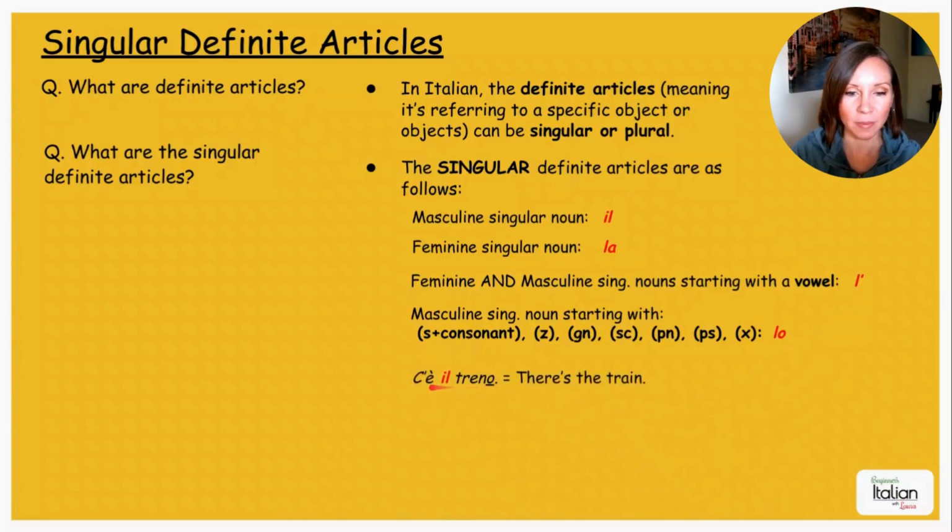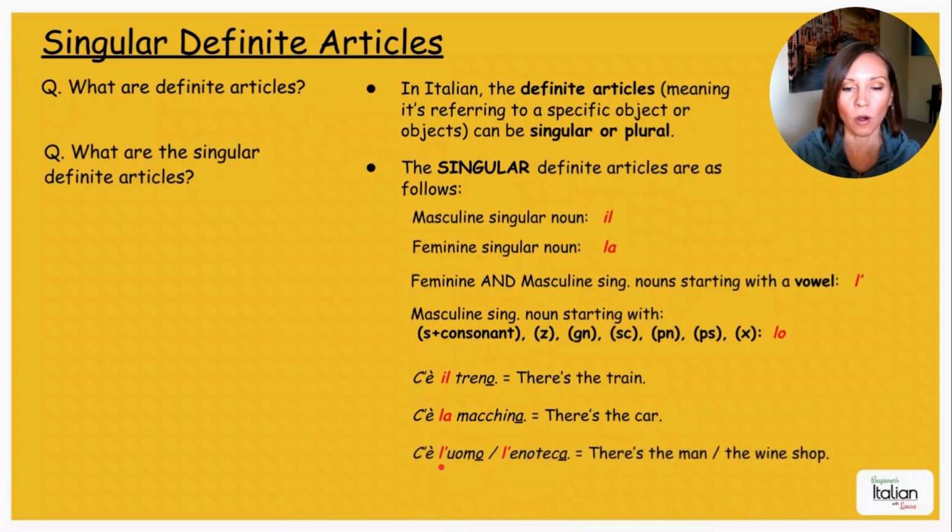Okay, so for example, c'è il treno. There's the train. Okay, so we use il because treno is a masculine singular noun. C'è la macchina. There's the car. Okay, we're using la because macchina is a feminine singular noun.